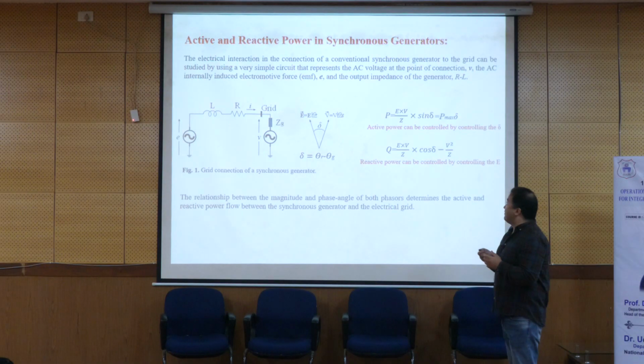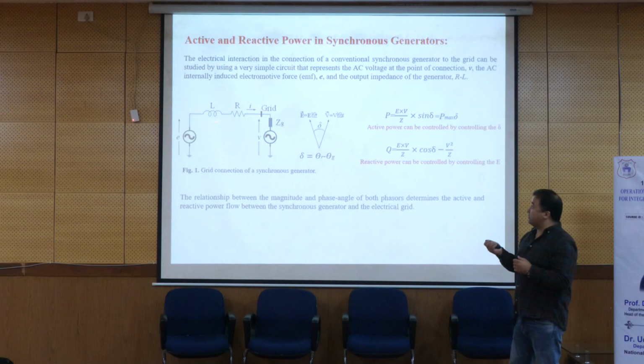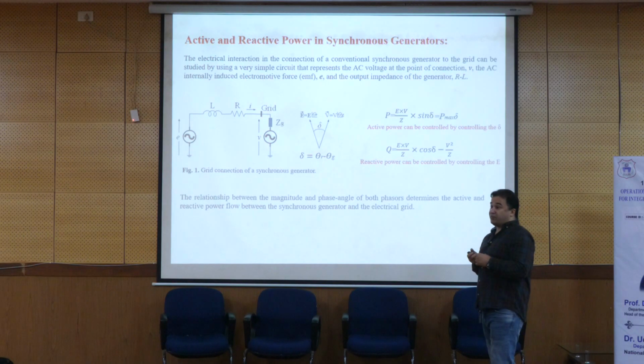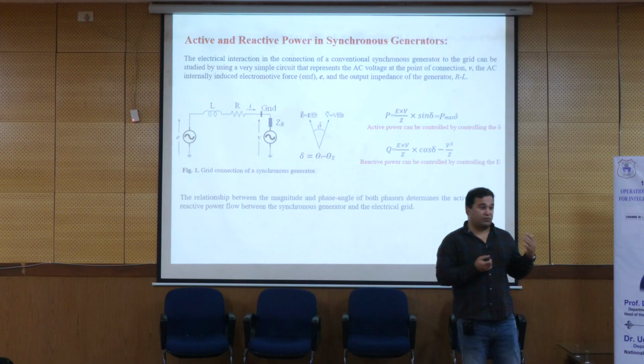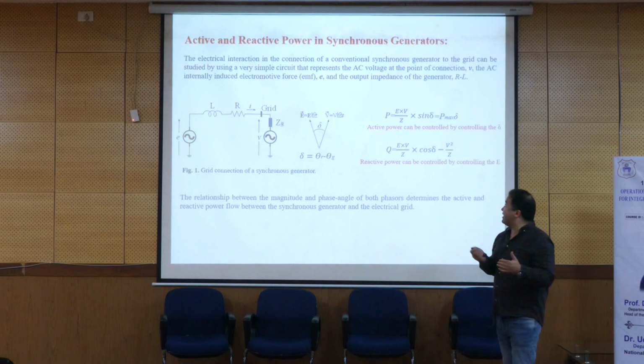So if we have E, the voltage of the synchronous machine, and also V, the voltage of the grid, the active power can be controlled by controlling delta, because the equation for transferring or injecting power from the generator to the grid is equal to E times V over Z times sine delta.